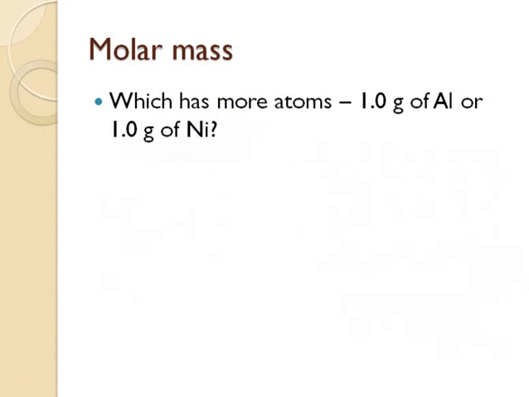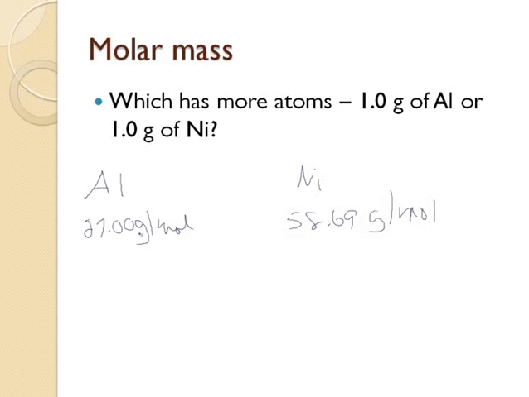Alright, so which has more atoms? 1 gram of aluminum or 1 gram of nickel? So let's think about that. The molar mass of aluminum, we look on the periodic table, aluminum is 27.00 grams per mole. And for nickel is 58.69 grams per mole.